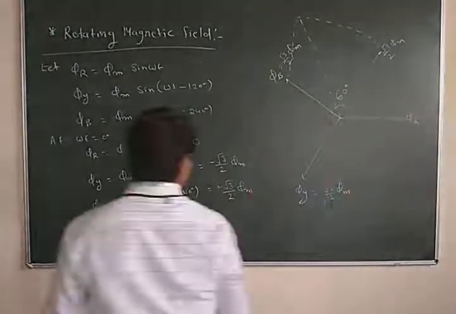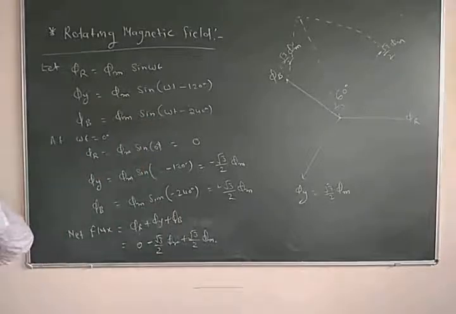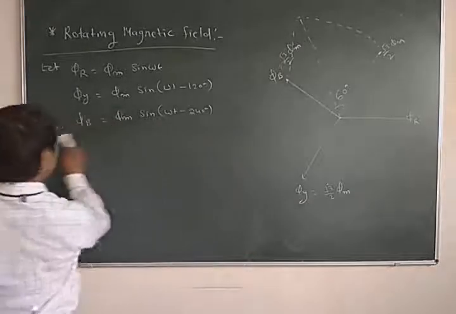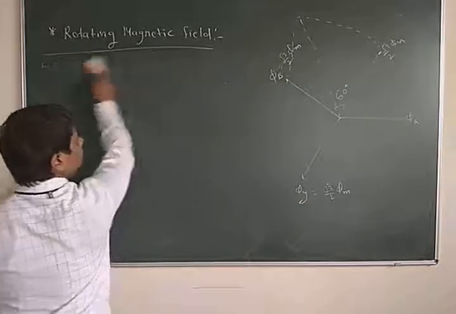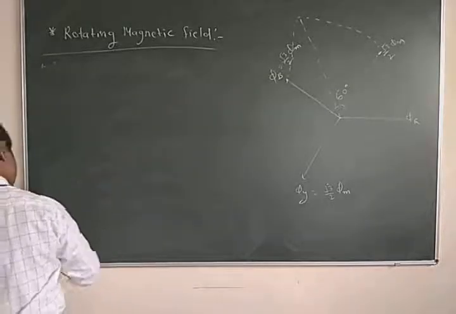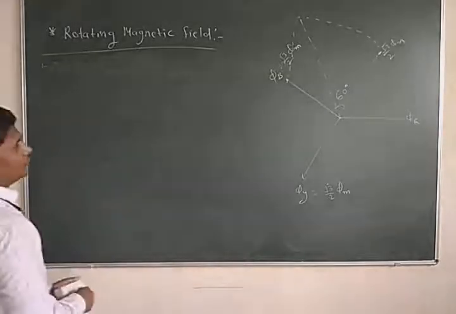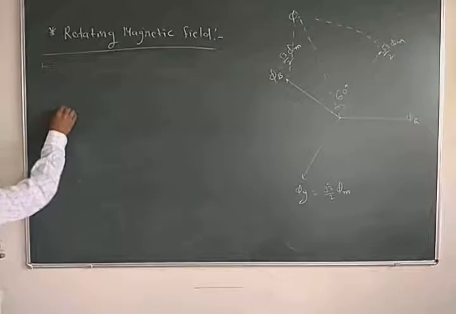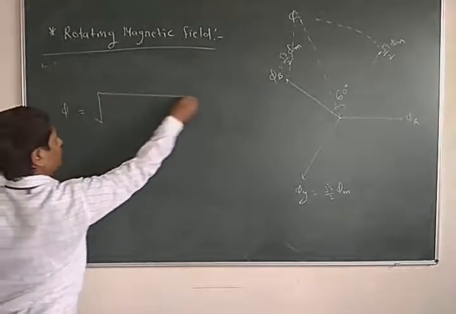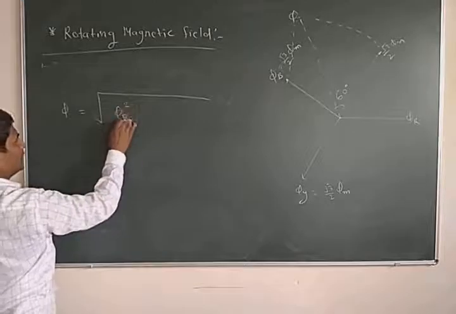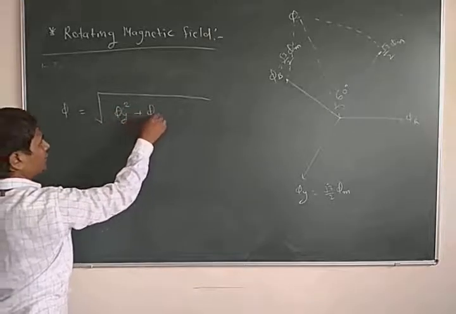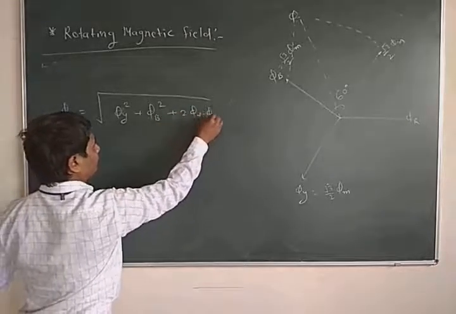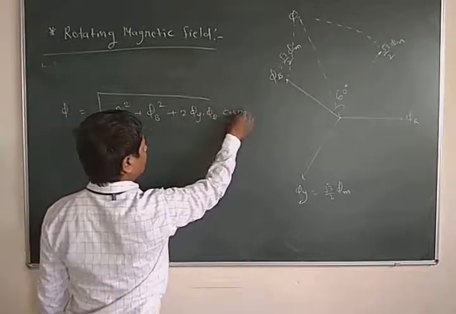Now from the Pythagoras theorem, the resultant flux phi is equal to under root phi Y square plus phi B square plus 2 phi Y phi B cos theta.